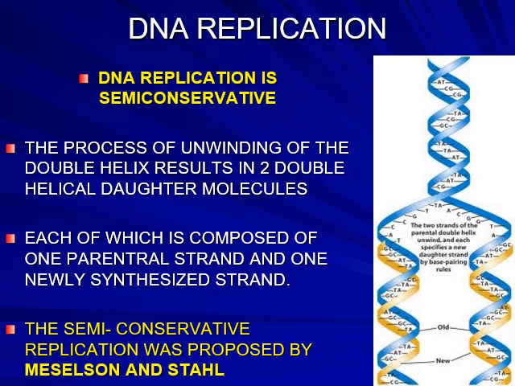Now, when the unwinding of the double helix occurs, we get two double helical daughter molecules. Each daughter molecule is composed of one parental strand, which you can see as the blue ribbon, and a newly synthesized strand, which you can see as the yellow ribbon.